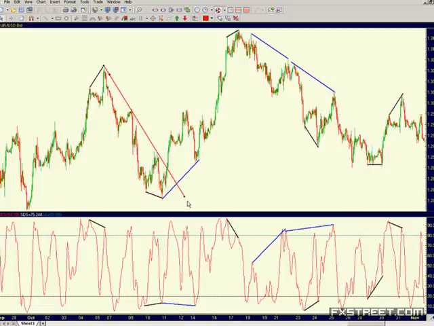Oftentimes what I will be looking for is, number one, for a divergence to occur, and then for other events to occur, including breakouts that are confirming that divergence, and a possibility for a reversal to the upside. Yes, you get in later if you enter here, but at the same time, you have arguably a better or a higher probability entry into a potential reversal.